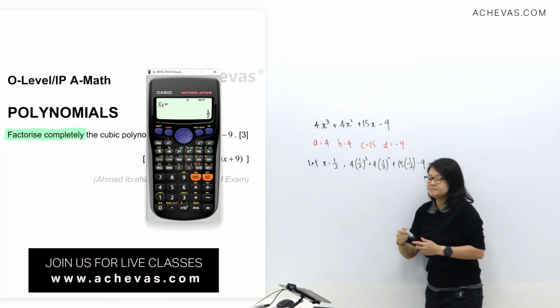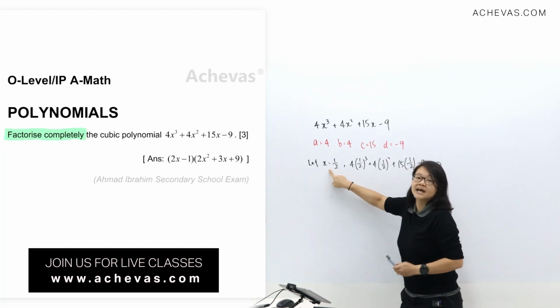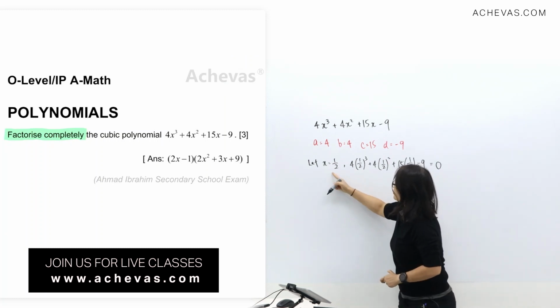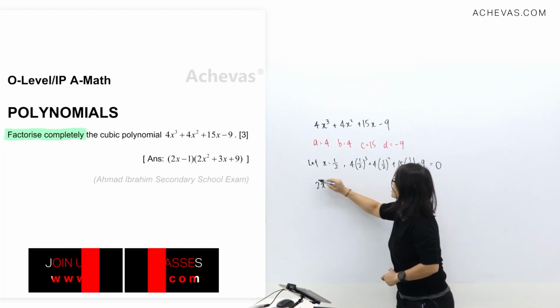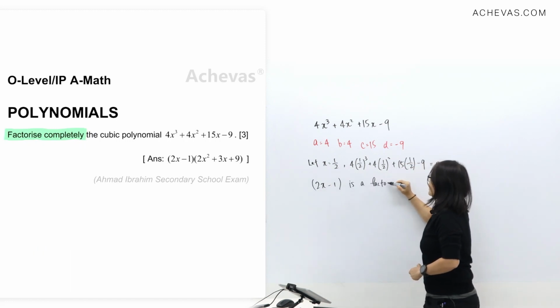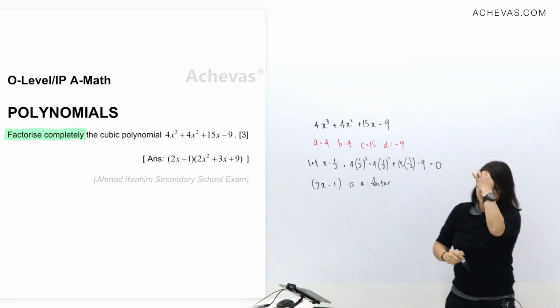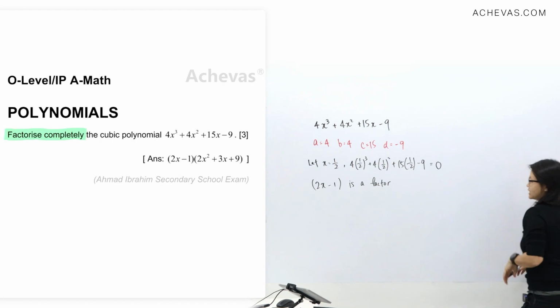You can test it out. It means this is a root, and therefore, if x equals half is a root, 2x - 1 is a factor. So now I have gotten my first factor.